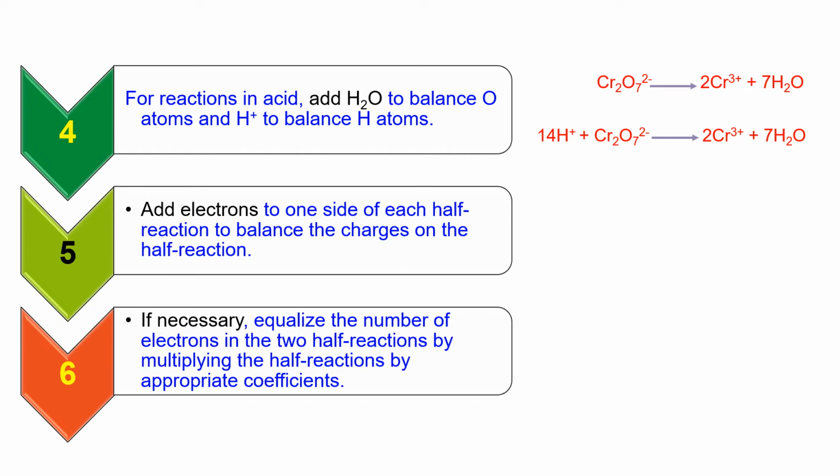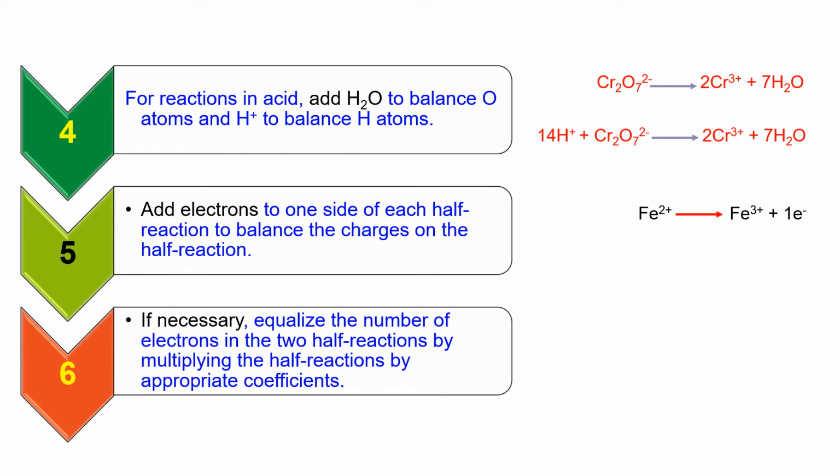And then after you settle the fourth step, you need to add electrons to one side of each half reaction to balance the charges on the half reaction, and then if necessary equalize the number of electrons in the two half reactions by multiplying the half reaction by an appropriate coefficient.